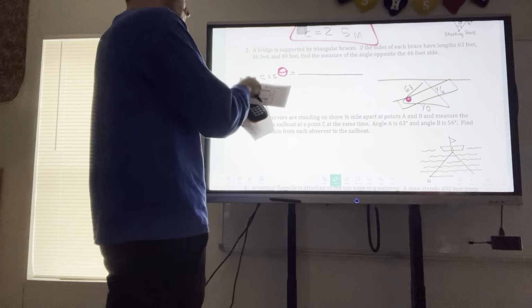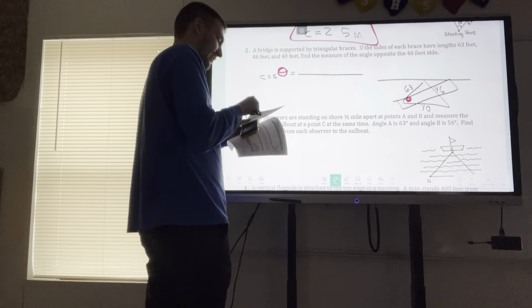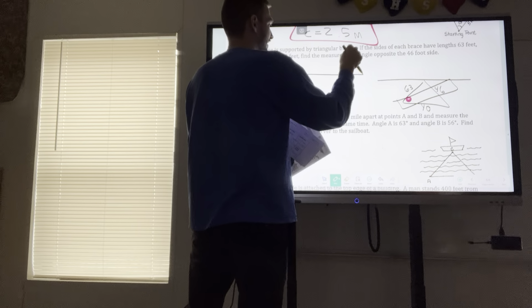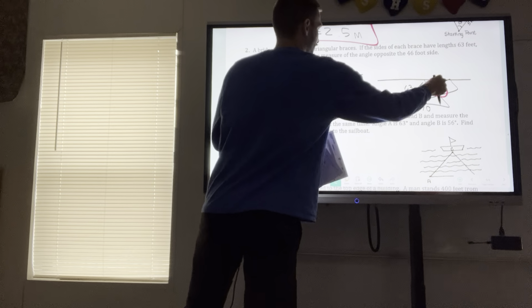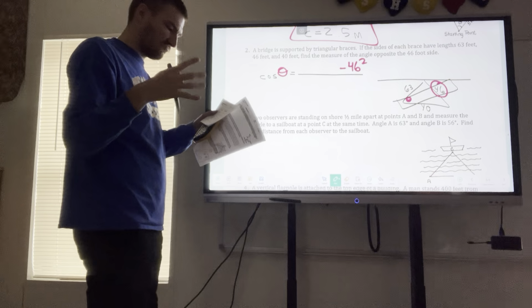If I use the one on the test, I want to make sure that cosine C should be minus c squared, which is this one, 46. Everything else is going to be positive.